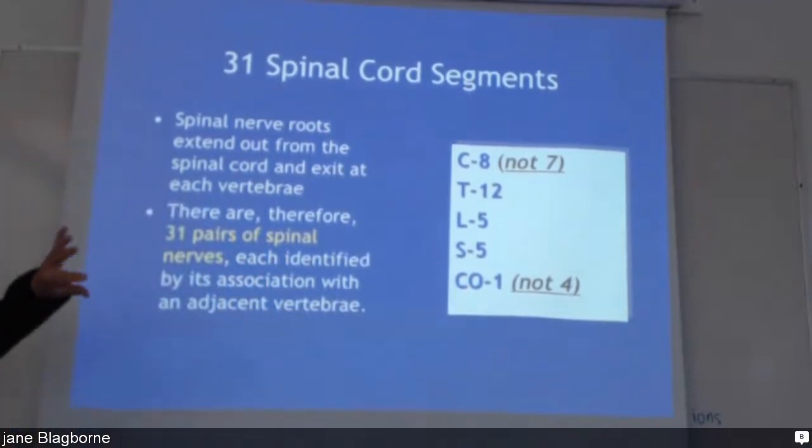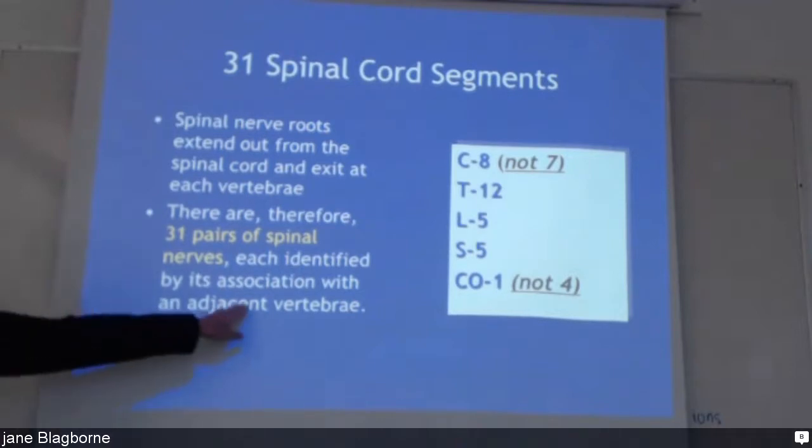So there's just a little extra. So there's 31 spinal cord segments, so there's 31 pairs of spinal nerves. And like I say, they each have a vertebra.